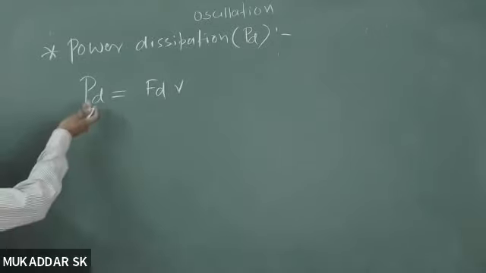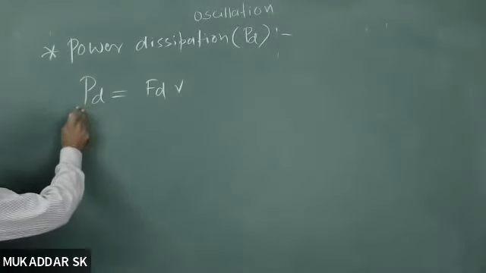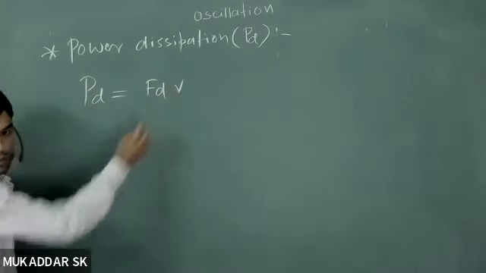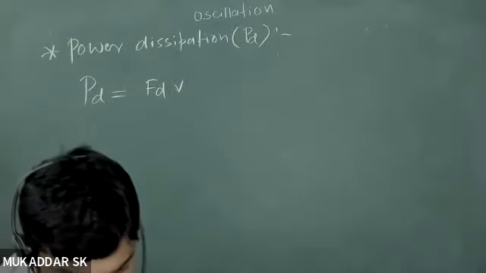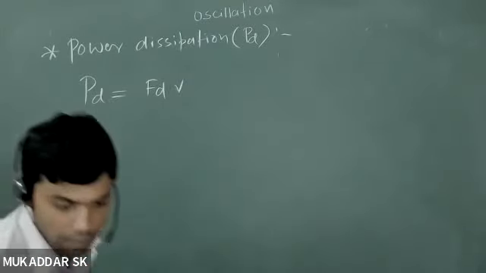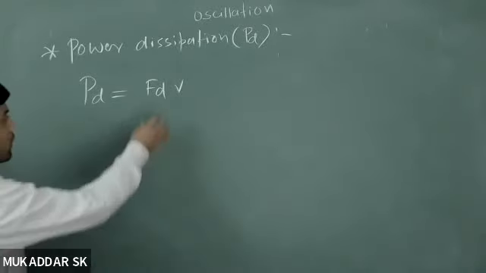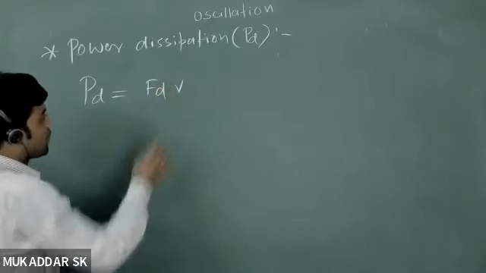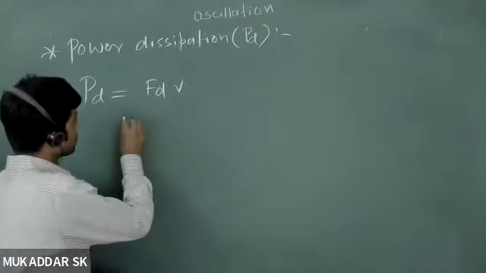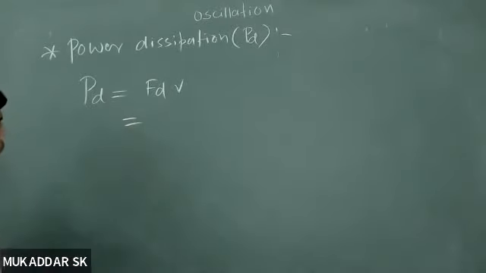So you know how power is to write, that is power is nothing but force into velocity, right? That you know everyone, right? Power is nothing but force into velocity, right? Yes, sir. So FD means damping force into velocity. Now how will we calculate now? Anyone?